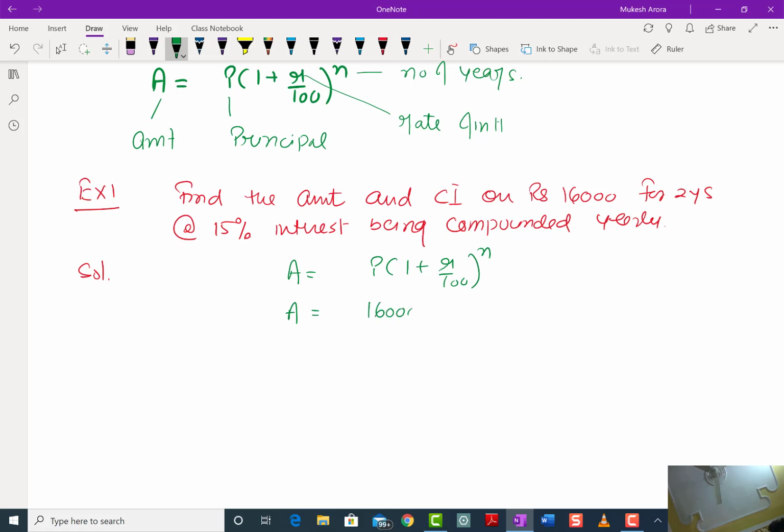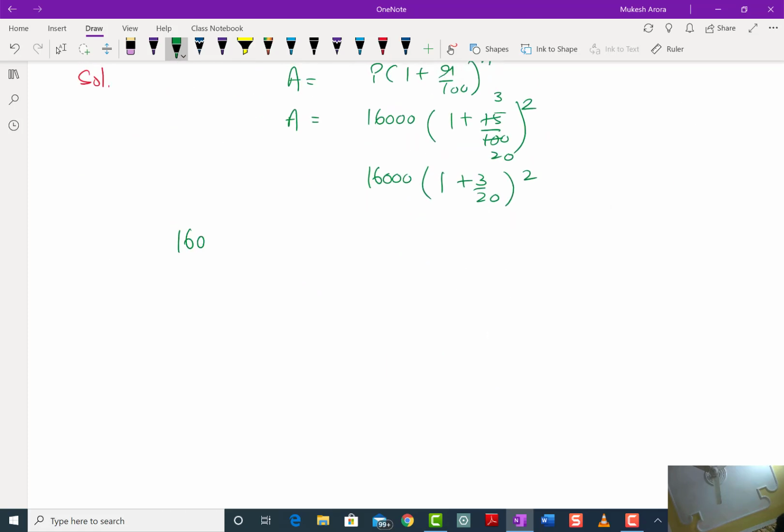Principal is 16,000, rate is 15% by 100, time is 2 years. 15 by 100 cancels to 3 by 20, raised to the power 2. 20 is the LCM, so 20 plus 3 gives 23 by 20, 23 by 20, into 16,000. Multiplying, the answer will be 21,160.